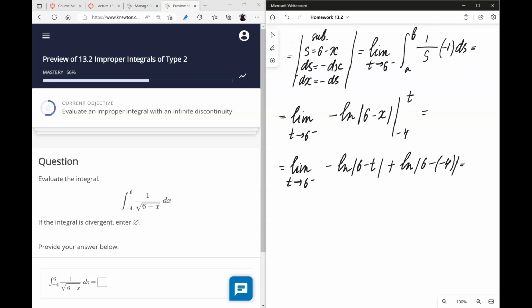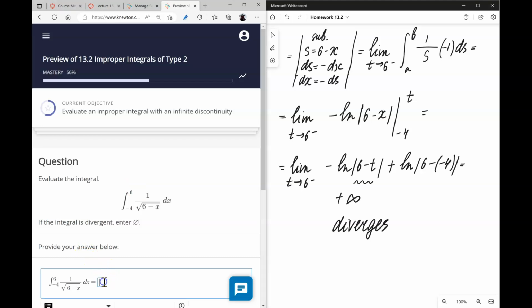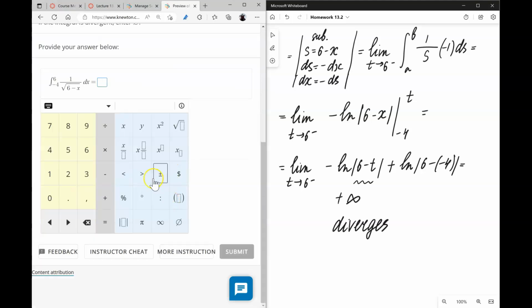Now, ln of 6 minus -4, it's just a fixed number, but plugging in t equal to slightly less than 6 will give us ln of 0 here, and ln of 0 is negative infinity, but negative times negative is positive. So because it's not a finite number, we conclude that the integral diverges. And that's the answer.